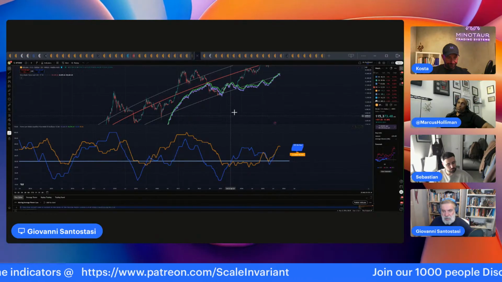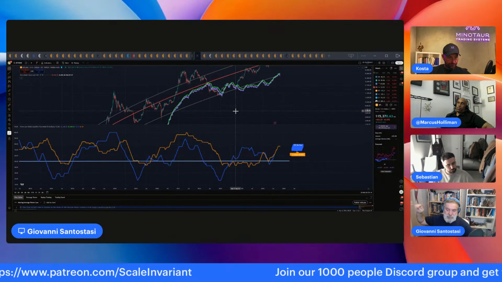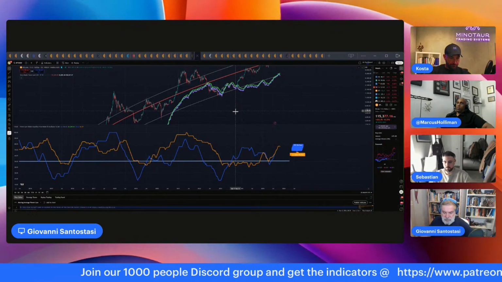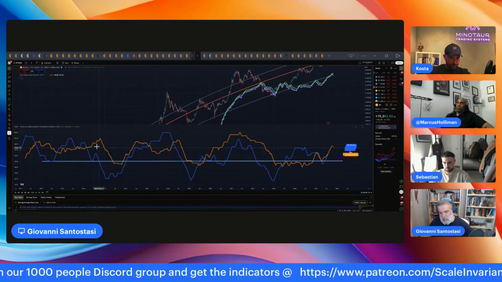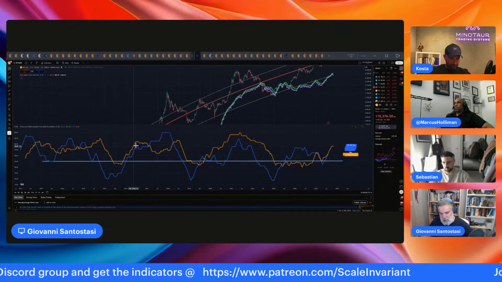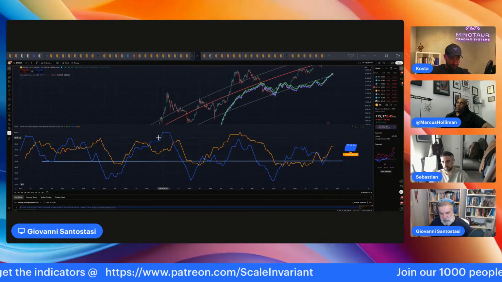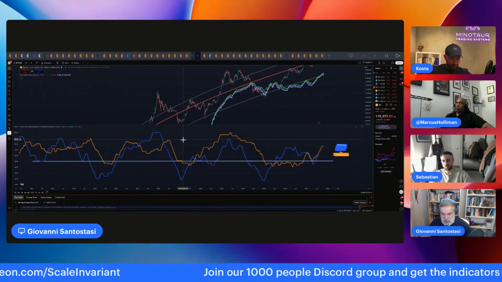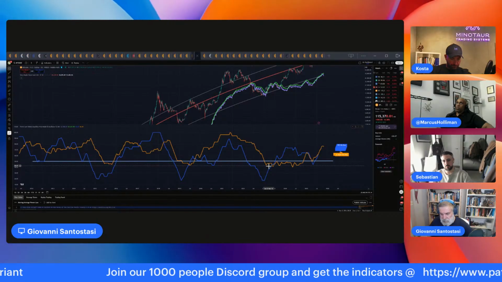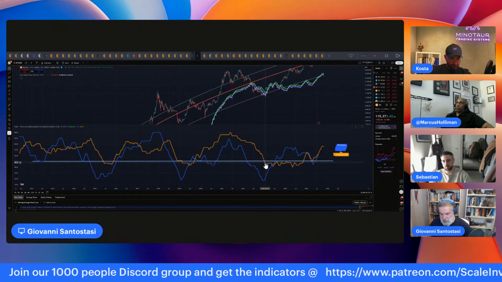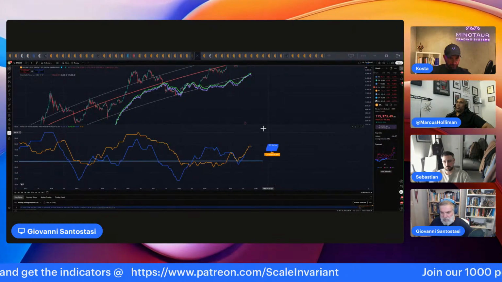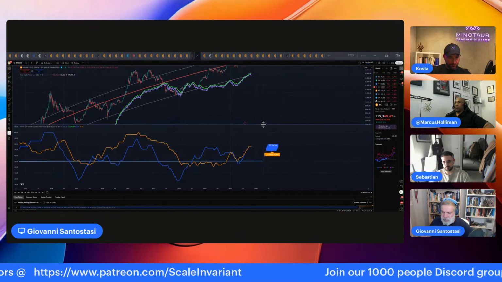Then we calculate how many times we went up relative to how many times we went down in a moving window. It's a good way of tracking the direction of both quantities. And you can see they follow each other. It's more coordinated at the bottoms than at the tops, but it gives us some further information.